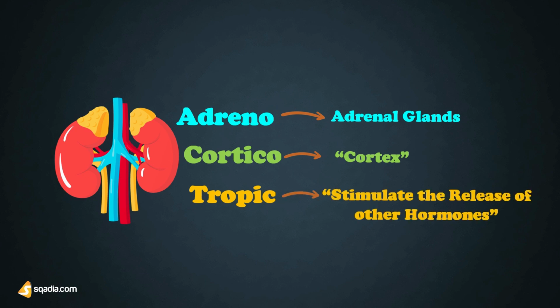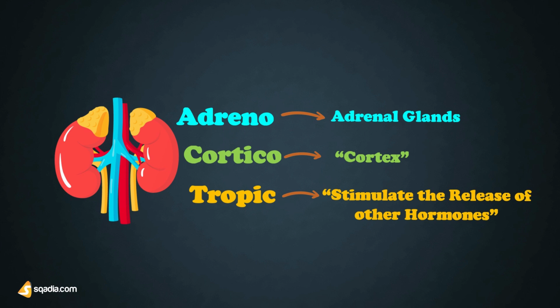Tropic hormones are named for their ability to act directly on target tissues or other endocrine glands to release hormones, causing numerous cascading physiological responses. This tells us that the adrenocorticotropic hormone will act on the adrenal glands.